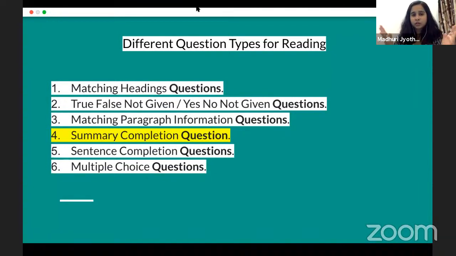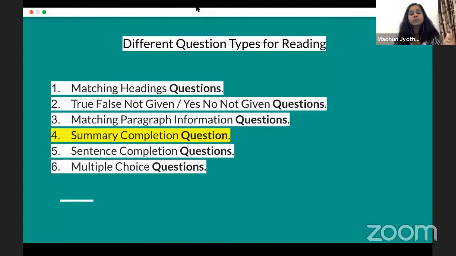So read the instructions very, very carefully. If they have asked you to answer it as yes, no, or not given, and you answer it as true, false, you will not get marks. So yes, no, not given, and true or false are different, but the way you answer them is more or less the same.